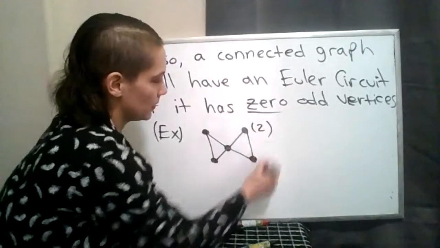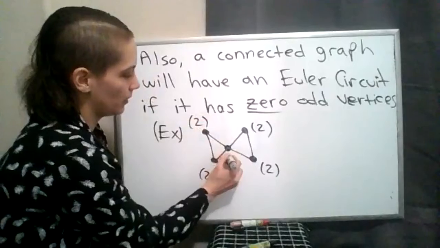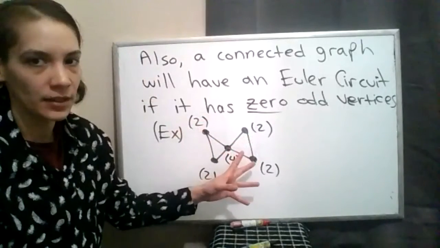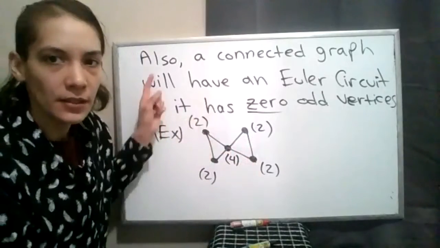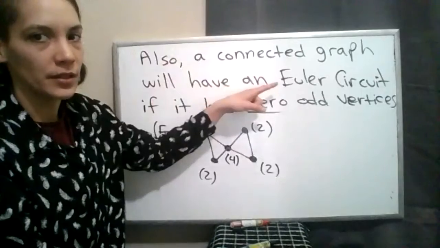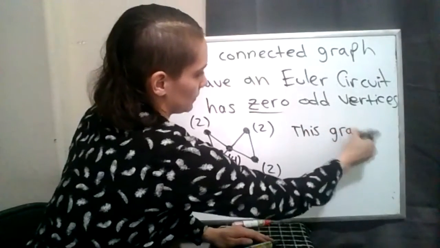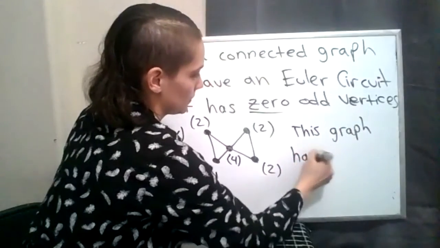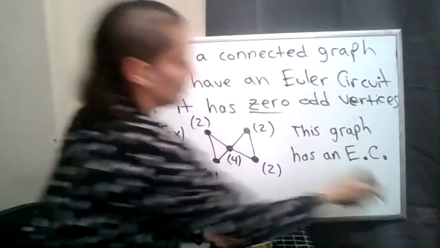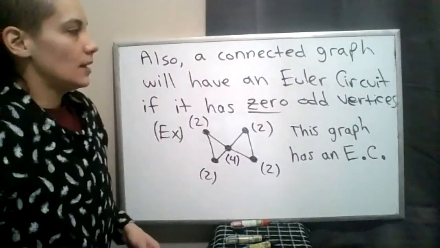This is 2, 2, 2, 2. So everything's an even vertex. This one has all evens, which means 0 odds, so there will be an Euler circuit. We're going to put EC for Euler circuit, and EP for Euler path.